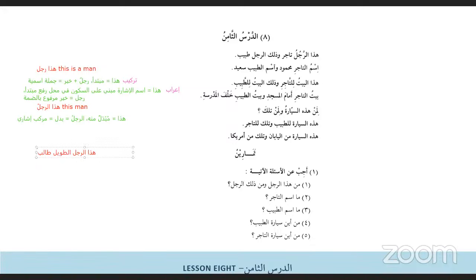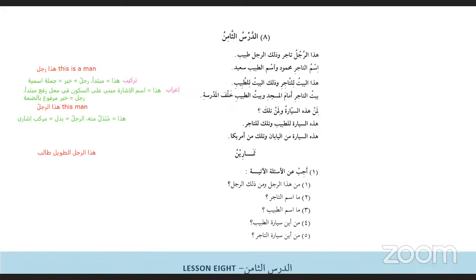What does this sentence mean? هذا الرجل الطويل طالب. What does this sentence mean? This tall man is a student. Good.